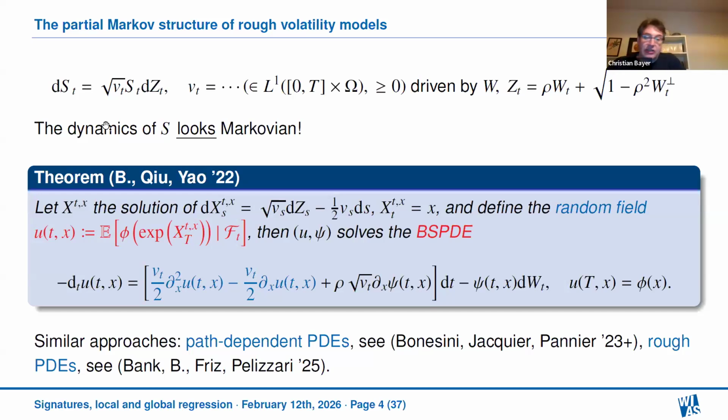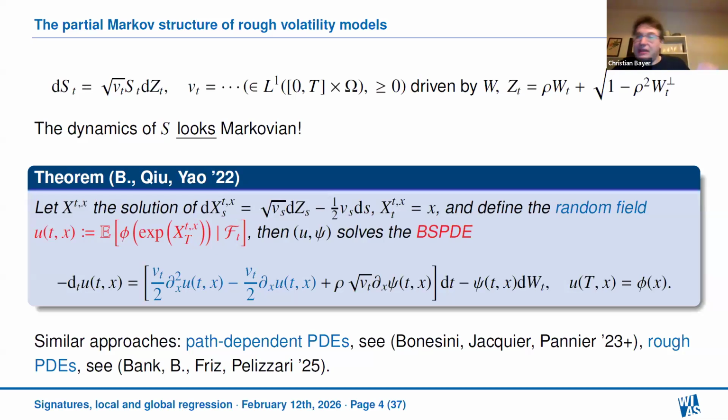And this is actually not new, but this is applying results that have been known in the SPDE or BSPDE literature for quite some time. And in fact, this is only one possible approach. Another approach is, for instance, using path-dependent PDEs or even rough PDEs.